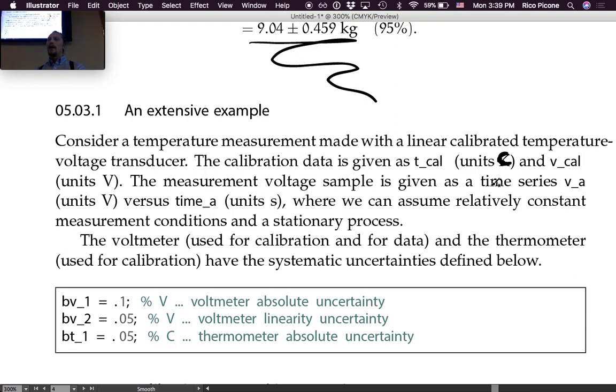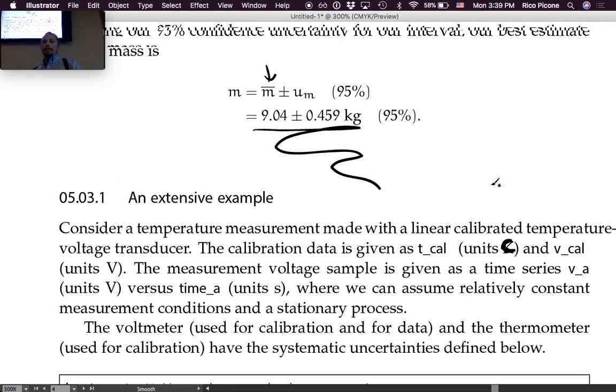I have a question. Yeah, what's up? Couldn't we have taken your goofy scale that was weighing 10.5 kilograms, and the accuracy is plus or minus almost half a kilogram once we solve all of that stuff? Wouldn't the original scale have been within that interval with 95% confidence? The answer is that was just an accident.